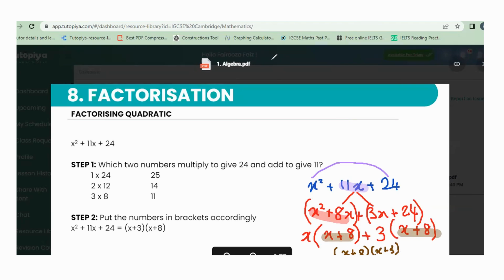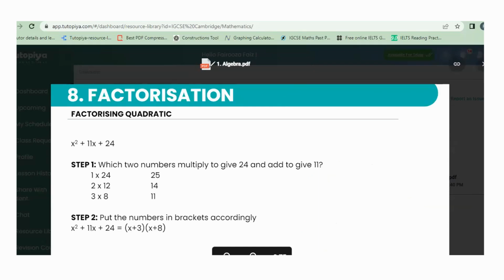Yes. Okay. Any other explanation you need here before we start with the past paper question? No questions? No doubts? Okay. Let us now do a past paper question.